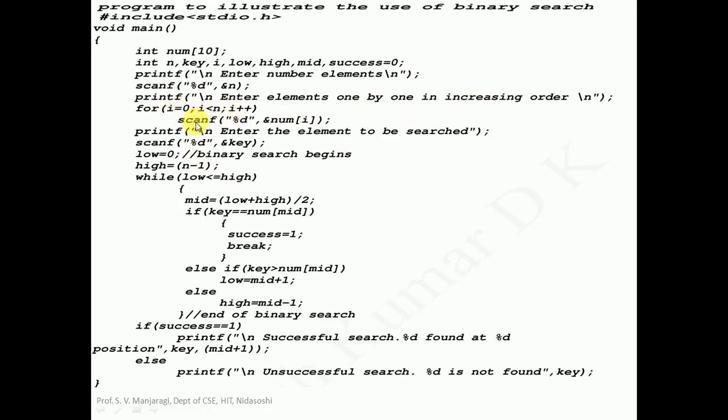Array elements we have to enter in ascending order only. So we take a for loop: for i equal to 0, i less than n, i plus plus. We read the array elements using scanf here, that is, we are reading the elements for num of i, where i ranges from 0 to n minus 1. And after that, enter the element to be searched. Let us read it. It will be stored into key.